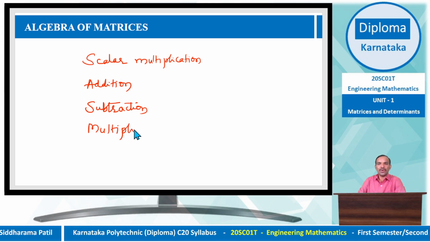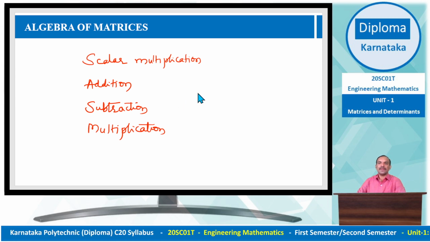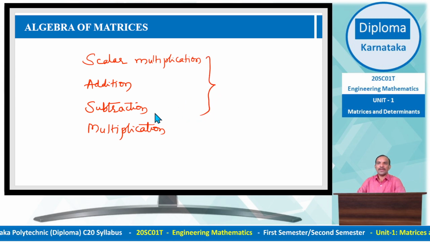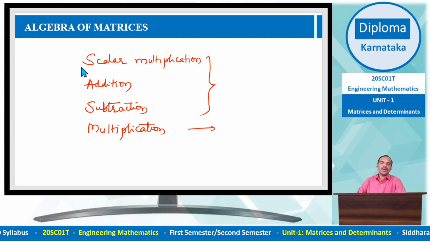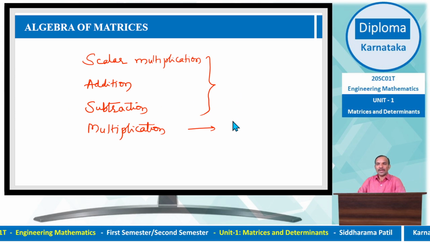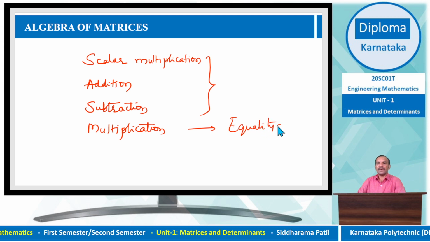These are the 4 concepts under algebra of matrices. In this session, we are going to cover these 3 concepts, and next session we are going to see multiplication of matrices. Before we start, first we have to understand another concept, that is equality of matrices.